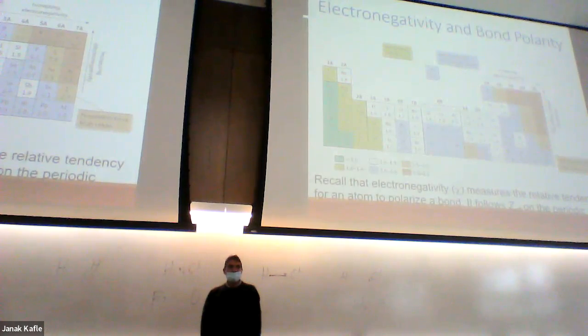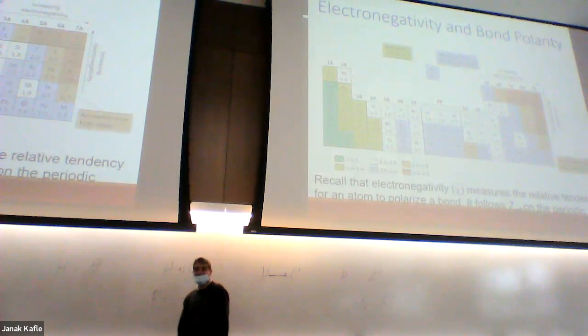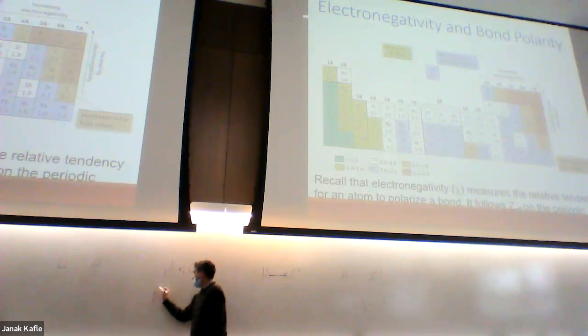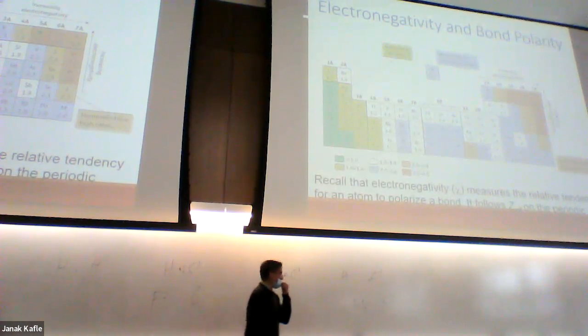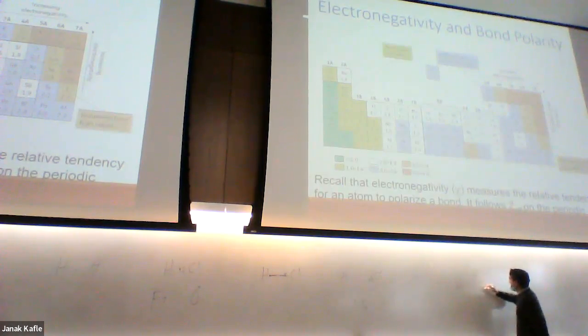Make sense? So whoever is stronger at pulling the electron, the shared pair of electrons sit more toward that atom. So this atom will be a tiny plus, and this one will be a tiny minus. So probably you already studied water. When you are writing water, H2O, you are writing like this, tiny plus here and tiny minus here, right?